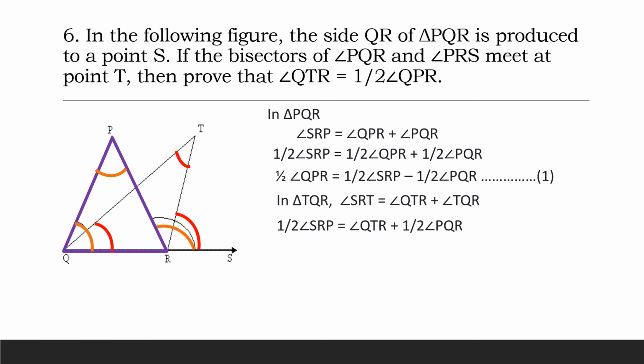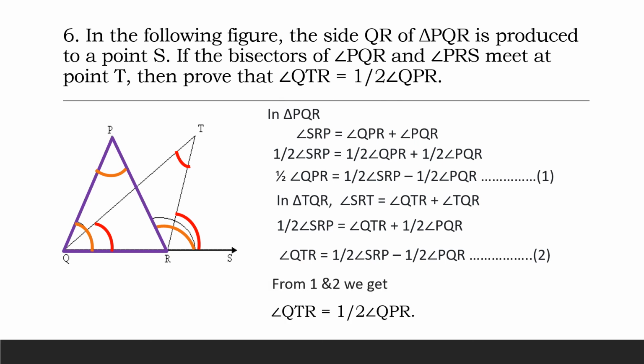Similarly, angle TQR is equal to half of angle PQR. So we get angle QTR is equal to, bringing this SRP to the other side, half angle SRP minus half angle PQR. So from 1 and 2 we get angle QTR is equal to half angle QPR.